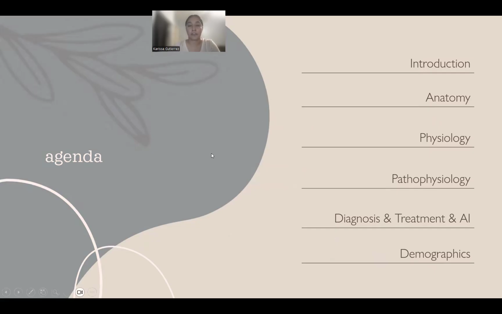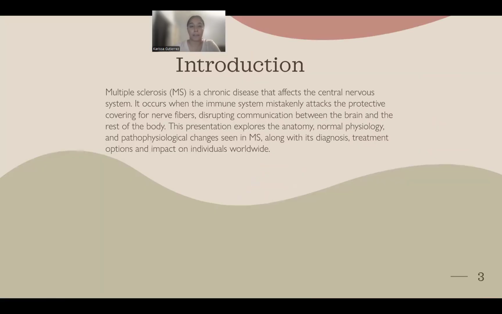Okay. So on the agenda today, this is what we're going to go through: a little introduction, then the anatomy, the physiology, the pathophysiology of it, diagnosis, treatment, AI, and then the demographics. Introduction: multiple sclerosis, MS, is a chronic disease that affects the central nervous system.